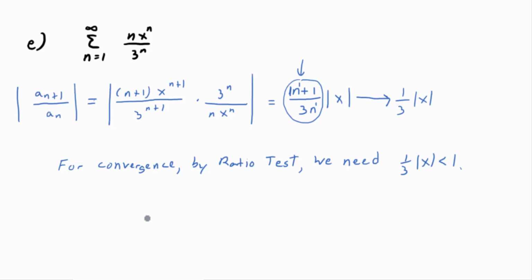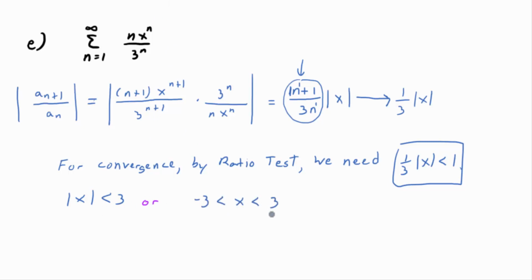Well, to get rid of the 1/3, you could do that right away. What does the absolute value of x have to be less than? 3. Multiply both sides of this statement by 3. And then if you write this as just an inequality without absolute values, what does that mean? I better not use an arrow there. You'll confuse it with the arrow for converges. So this is the same thing as saying x is between -3 and 3.